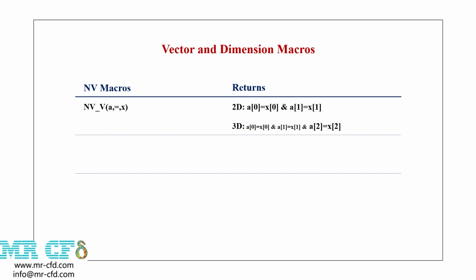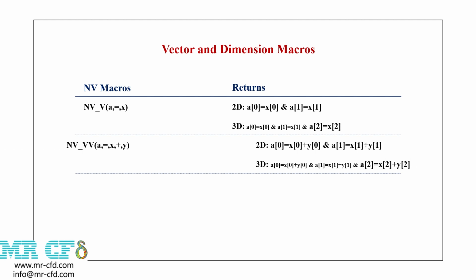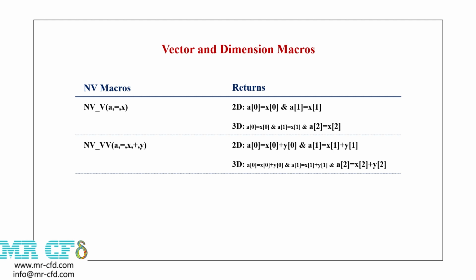The NV_V_V macro performs a mathematical operation on vector elements. It means that the elements of one vector are equal to the sum of the elements of 2 other vectors. That is, the first element of the vector is equal to the sum of the first elements of vectors x and y. Other equations for other components are also in this order.